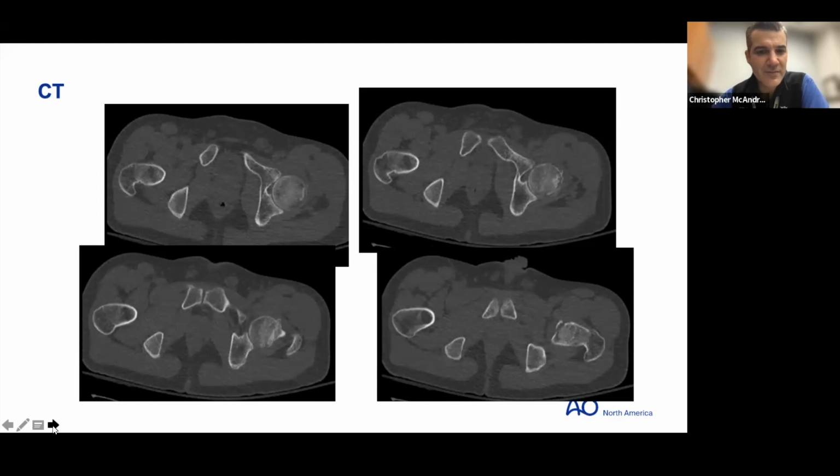CT for me on this one is something that, like you pointed out, Jeff, is very important in making decisions about treatment of even valgus impacted femoral neck fractures. Is it truly valgus impacted in the plane of the neck, or is it potentially going to be unstable and roll off the back?